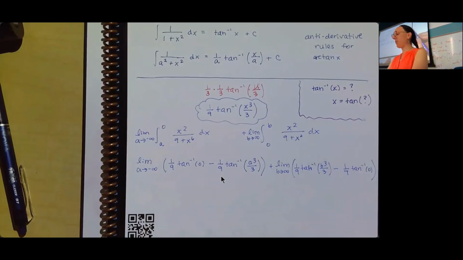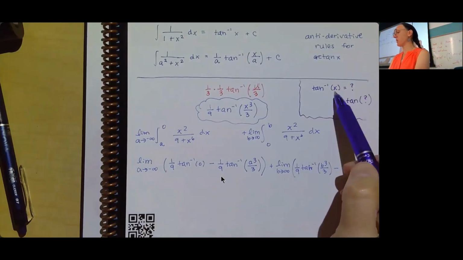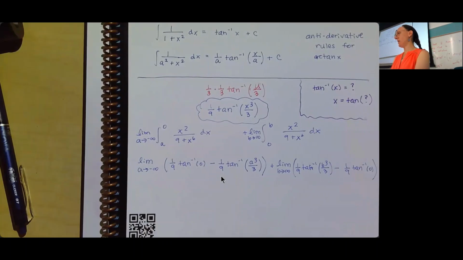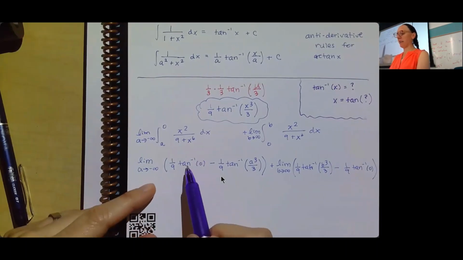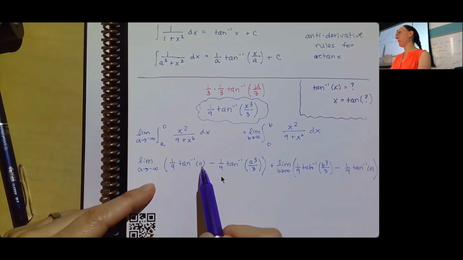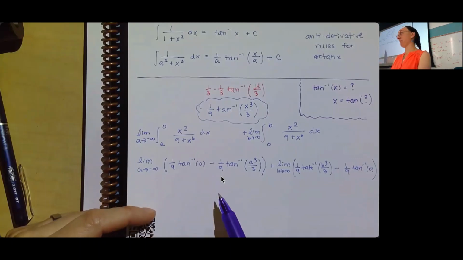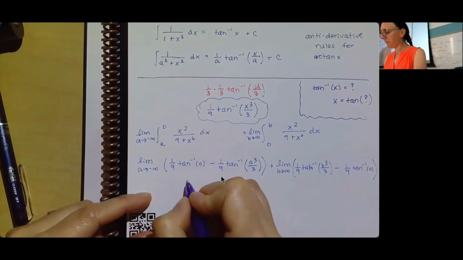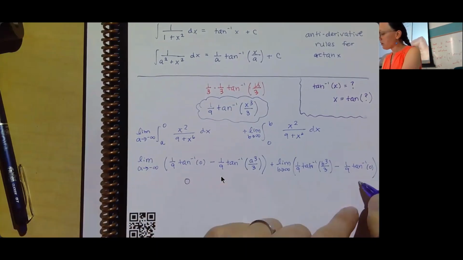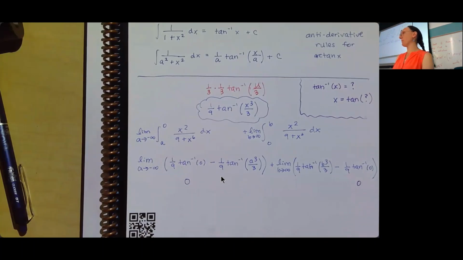So what's the angle where tangent is equal to that thing inside the arctan? So what's the angle where tangent is 0? Yep. So I'll just go ahead and put zeros for both of those.